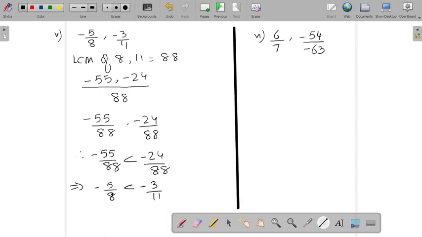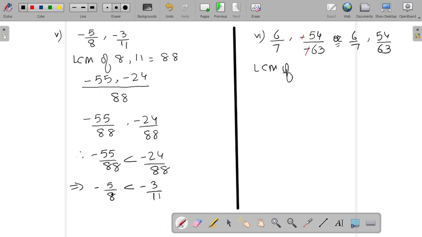In the sixth part, observe the denominator. The denominator is negative, or we can say in this part the negative and negative could be cancelled out. So the question is now 6 by 7 and 54 by 63.